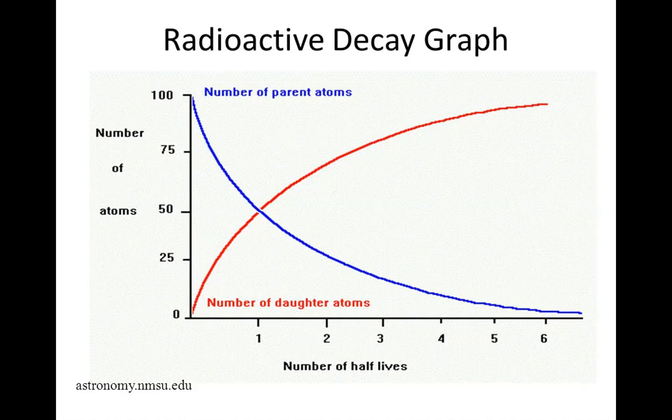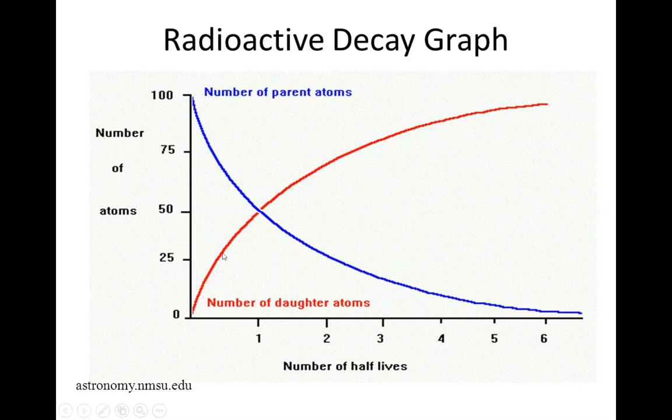And you'll notice that in the beginning, we start off with the number 100, just to make the numbers easy to deal with. In the beginning, when the sample was formed, it was purely potassium. But over time, the amount of potassium has decreased, and it's going to continue to decrease due to this process of nuclear fission occurring, again, spontaneously.